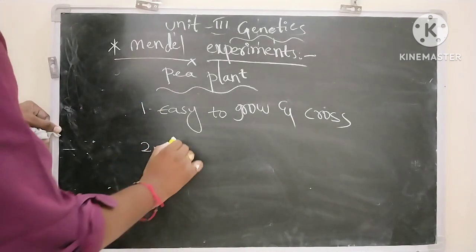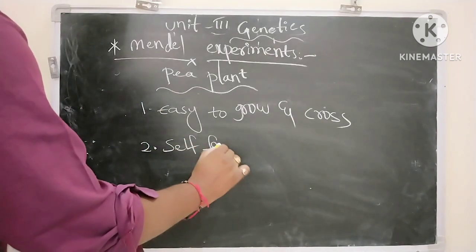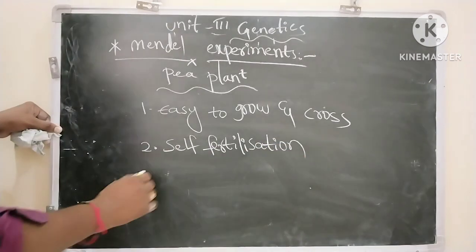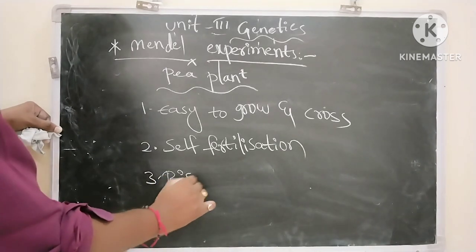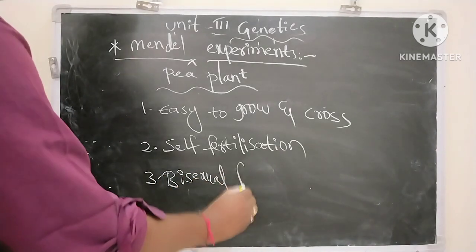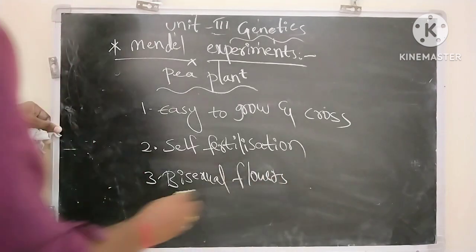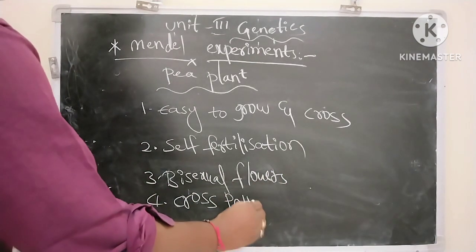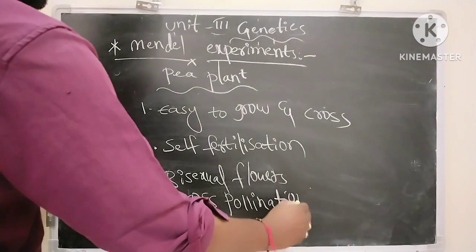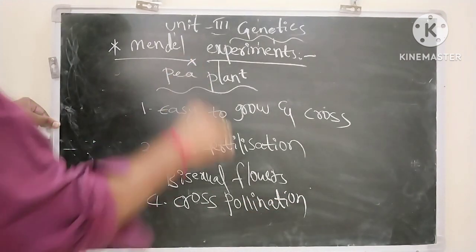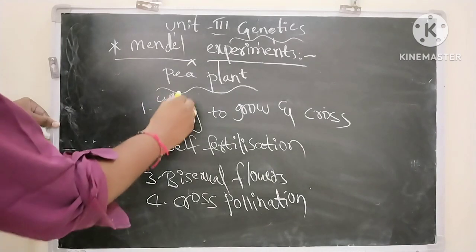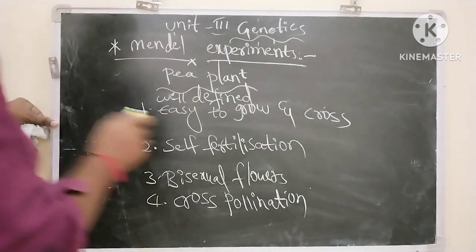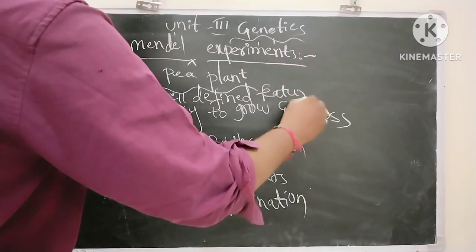And next, it can perform self-fertilization as it is a bisexual plant, possessing bisexual flowers, and it is also able to perform cross-pollination. All these well-defined features made him select the pea plant for his experiment.